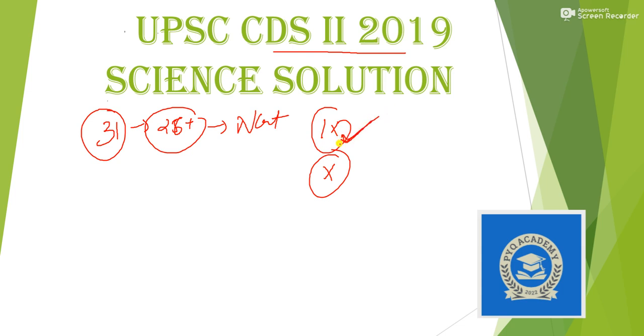So you can see the relevance of NCERT. If you are thorough with these NCERT, you can easily score 25 plus, and 25 plus is a very good score out of 30.